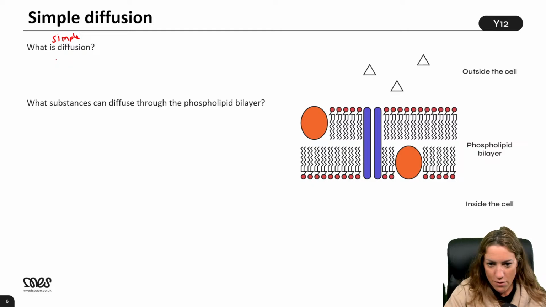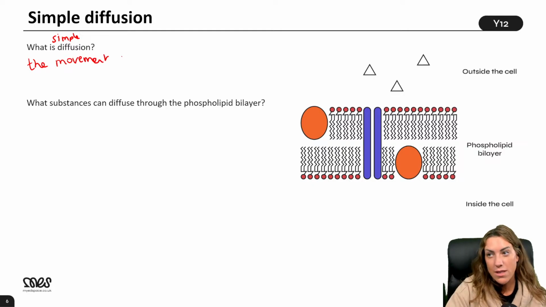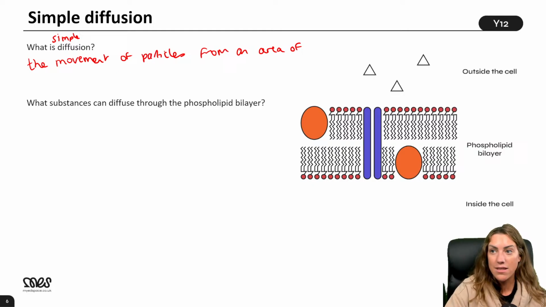Esther says the movement of particles from an area of high concentration to an area of low concentration. That is perfect. Or the movement of molecules, or a substance, is fine. And you don't have to say anything else at A level.